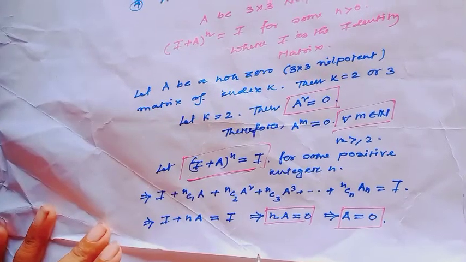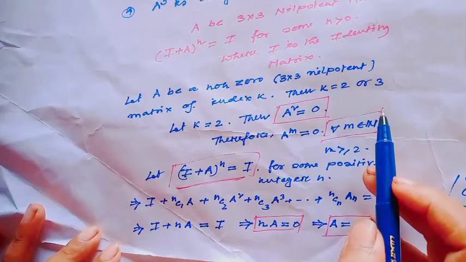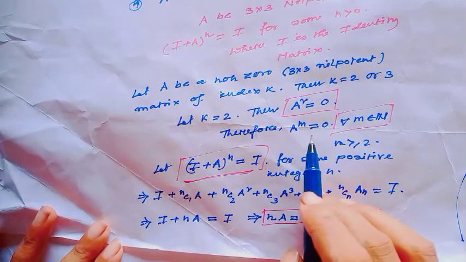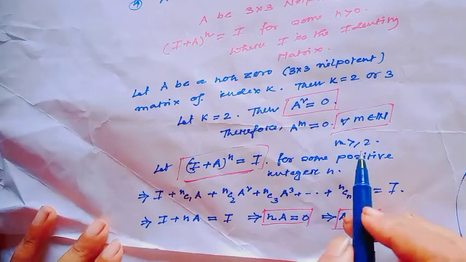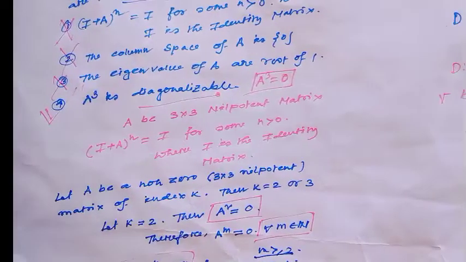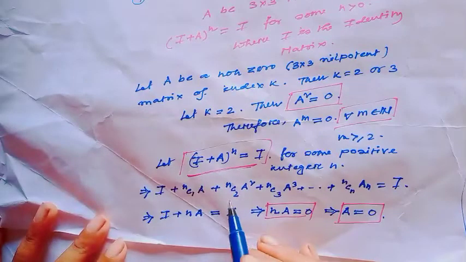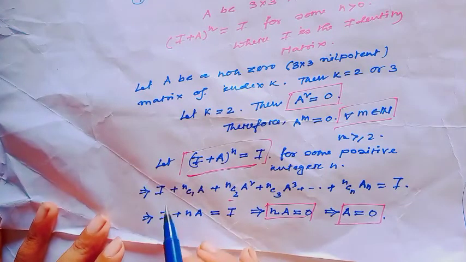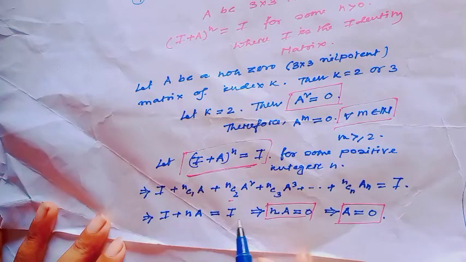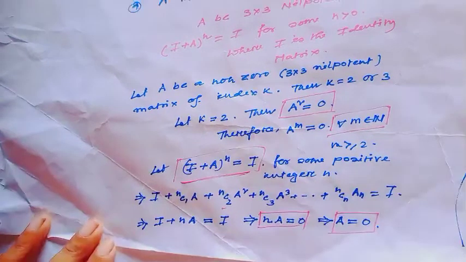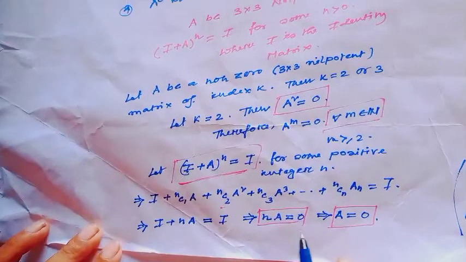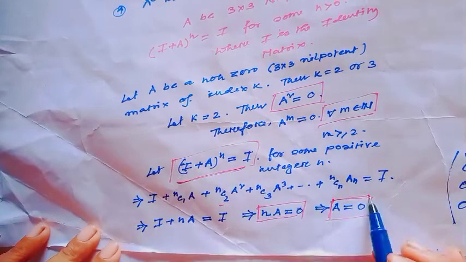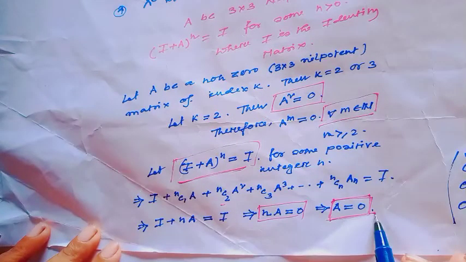And since A is a 3 cross 3 nilpotent matrix, A to the power m equal to 0 for all m greater than or equal to 2. That means all those parts would be 0. Therefore this value would be I plus nA equal to I. That implies nA equal to 0, and nA equal to 0 implies A equal to the zero matrix.